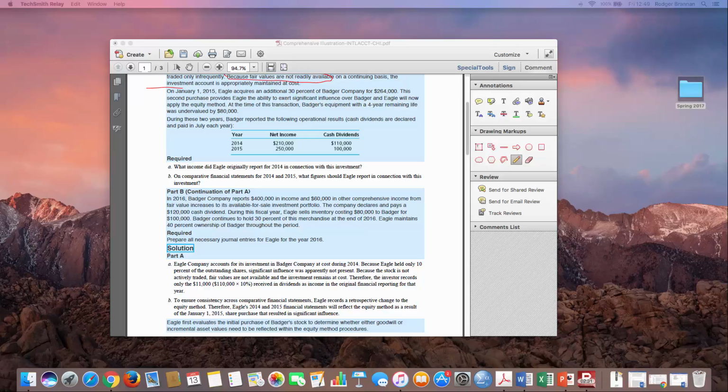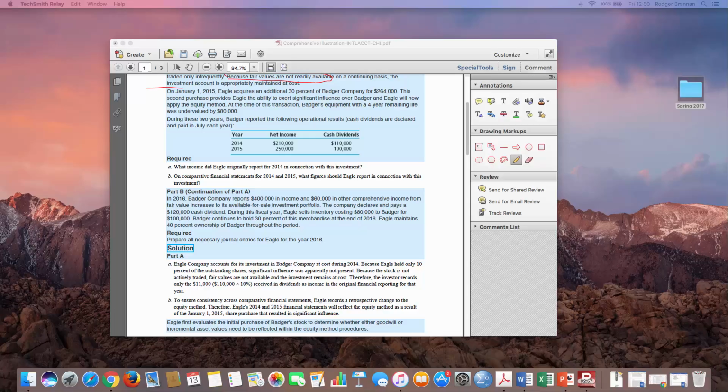Now, be careful that in 2014, the company only owns 10%. So the 10% will be the percentage that will be applied both in determining if there's any goodwill and the amount of the dividend that would be recognized. As of January 1, 2015, now the company owns 40%.